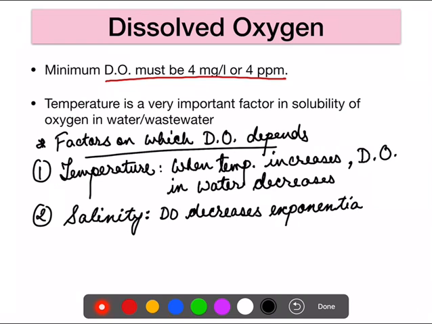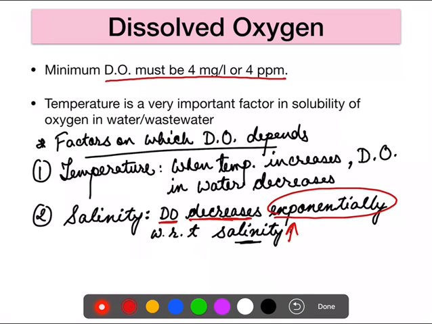DO decreases exponentially with respect to salinity. If salinity increases, then DO will decrease. How? Exponentially. DO will decrease exponentially.